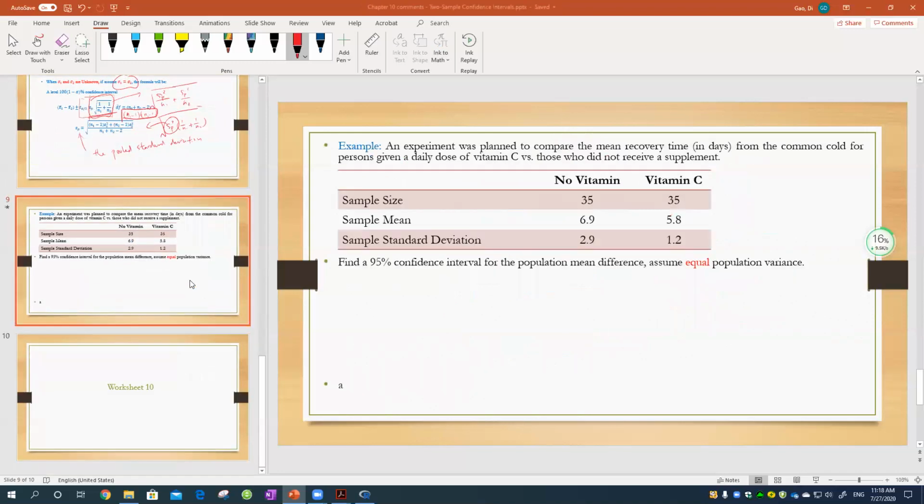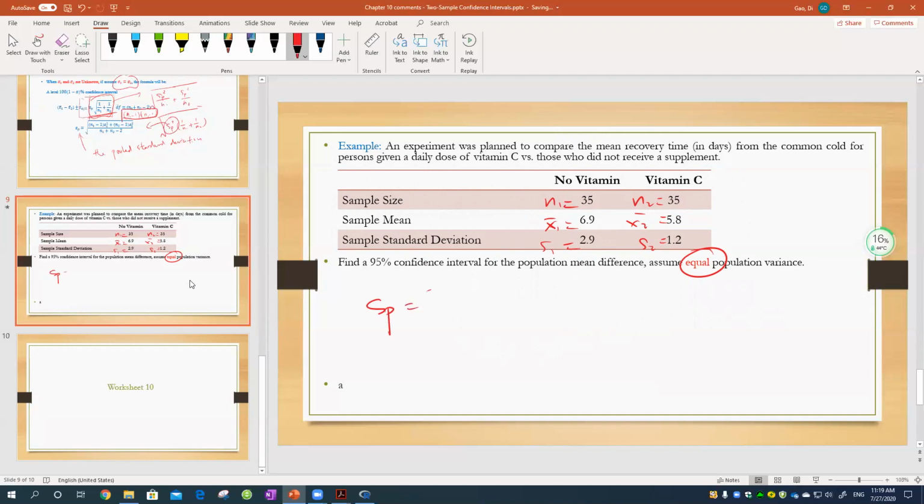Then let's see how we can apply this formula. So again, we're going to write down N1, N2, x1 bar, x2 bar, s1, s2. Then, when we assume population variances equal, we have this formula, but we have to calculate SP first.